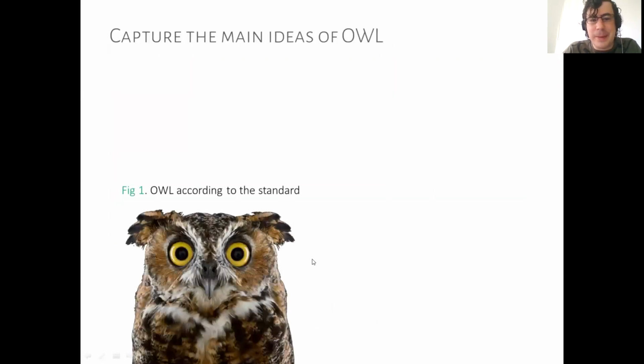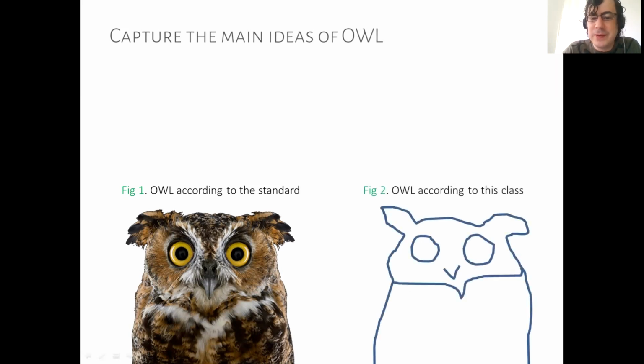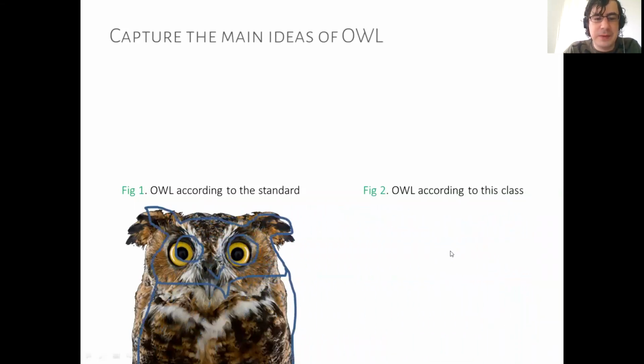The idea is to capture the main ideas of OWL. I'm not going to get into all of the nitty-gritty detail, for which, if you want to know more, you can check out the book that's linked from Cursus, but we're going to give a good approximation, or at least what I think is a good approximation in my own mind.